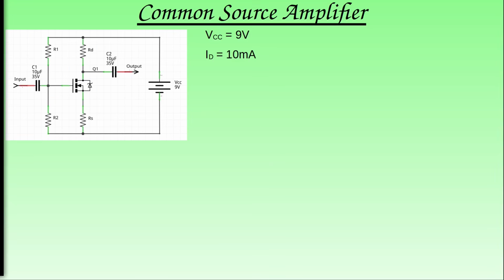We will set the drain voltage to half the supply voltage to guarantee the symmetry of the output voltage swing, so VD equals 4.5V. We will also set the source voltage to 1/10 of the supply voltage to help prevent a thermal runaway and secure the Q-point stability.